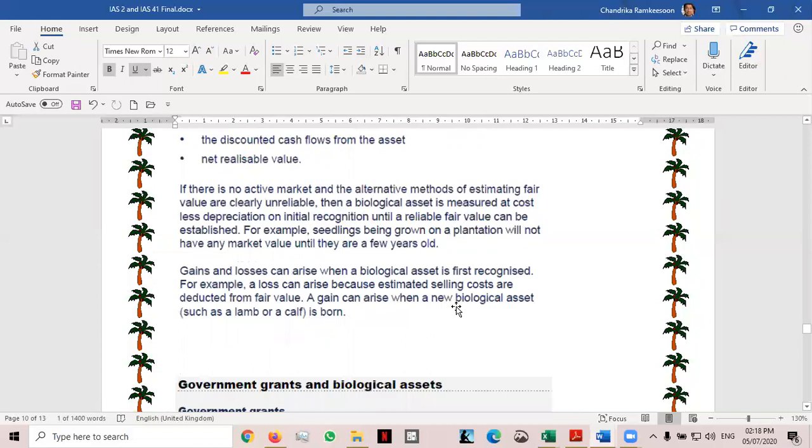If there is no active market and the alternative methods of estimating fair values are clearly unreliable, a biological asset is measured at cost less depreciation on initial recognition until a reliable fair value can be established. For example, seedlings being grown on a plantation will not have any market value until they are a few years old, so initially they will be valued at cost.